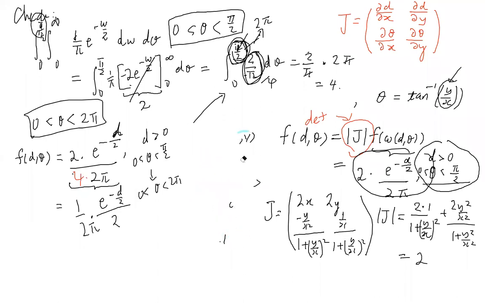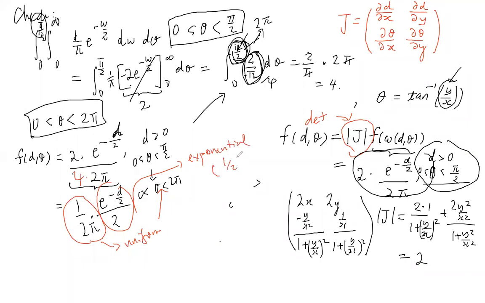Once you have written it like this, we can think of this part as the uniform density, and this part here as the exponential density with parameter 1 over 2.